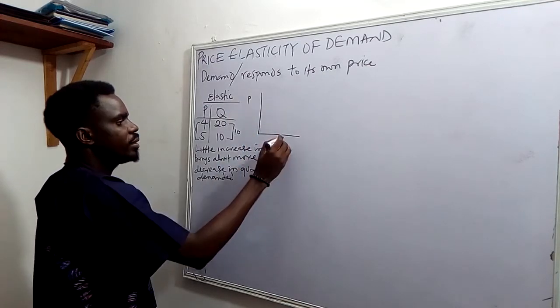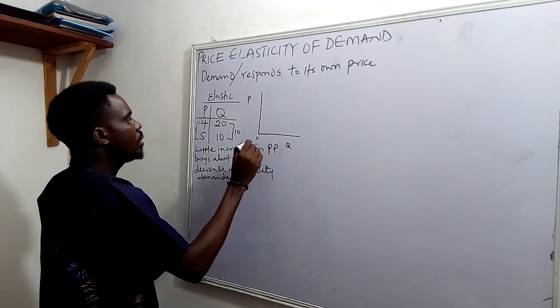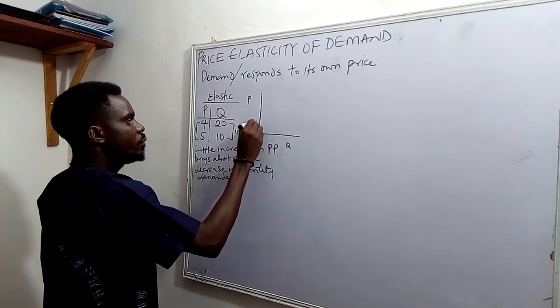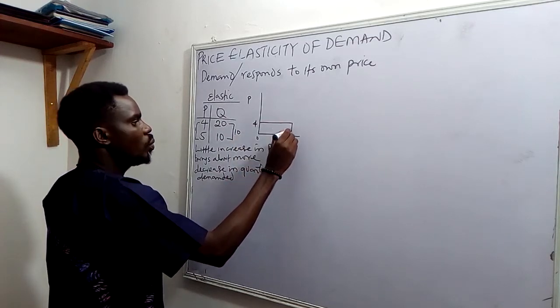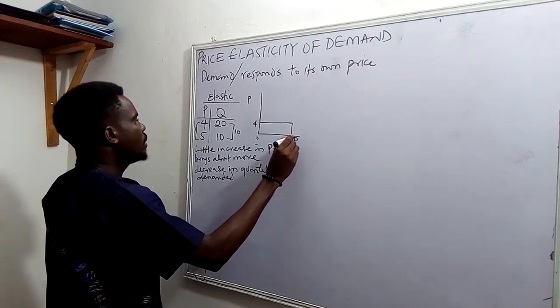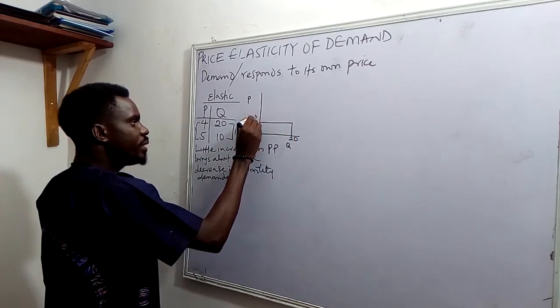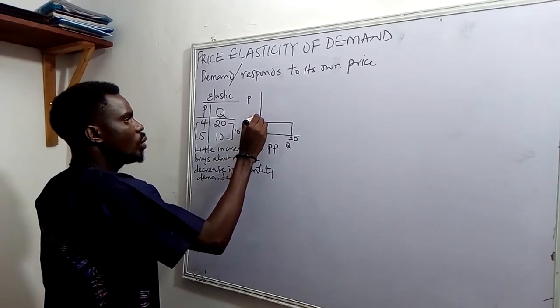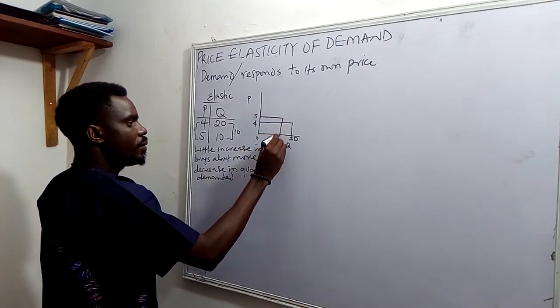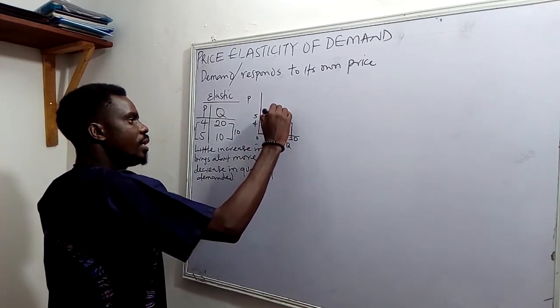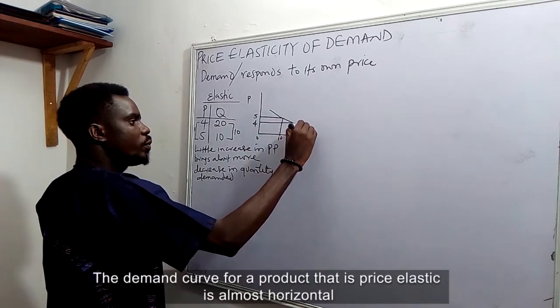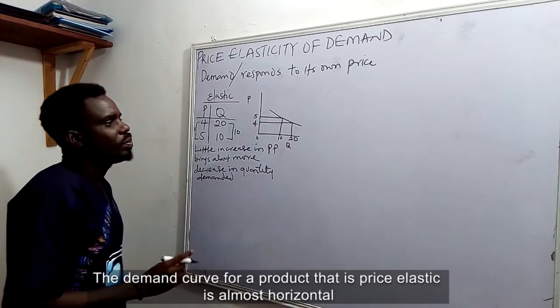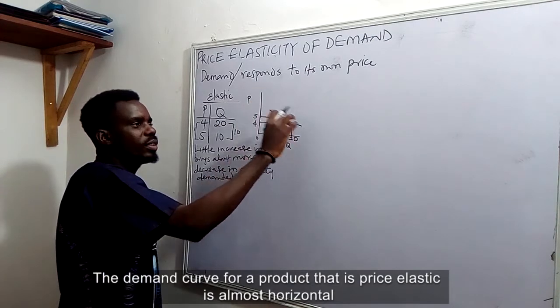This is the price axis, this is the quantity axis. When price is 4, quantity is 20. With a little increase in price to 5, quantity drops to 10. Then the demand curve for a product that is price elastic is almost horizontal.